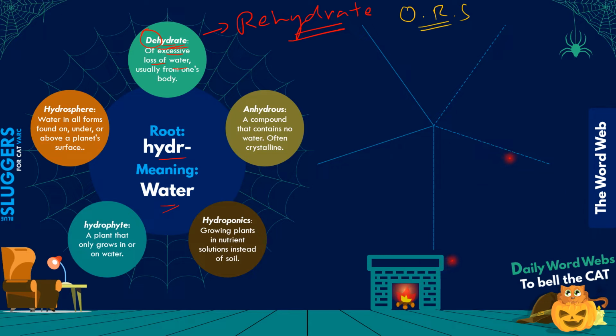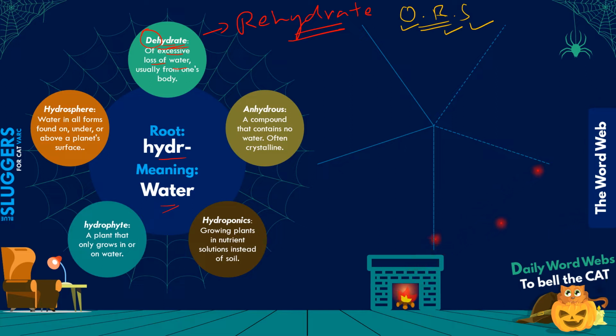ORS. They ask you that, okay, if you have diarrhea or something, or if you have lost a lot of liquid, or maybe electrolytes from your body, then you might want to get an ORS, right? ORS means oral rehydration solution. It's basically some electrolytes and I think some carbohydrates or glucose, might vary from brand to brand probably.